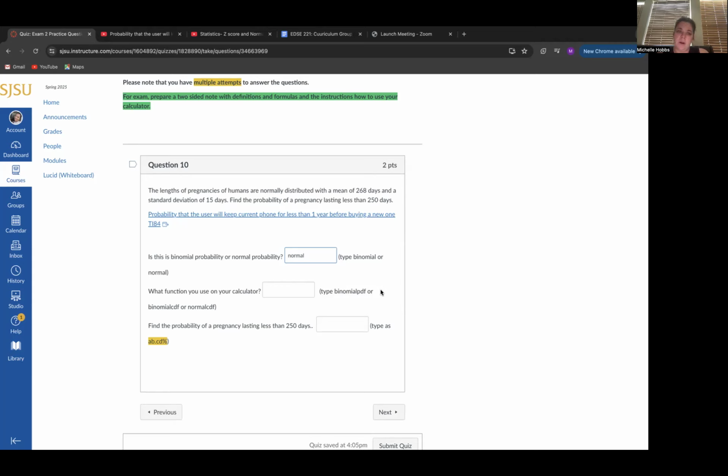The lengths of pregnancies of humans are normally distributed with a mean of 268 days and a standard deviation of 15 days. Find the probability of a pregnancy lasting less than 250 days. Is this binomial or normal?